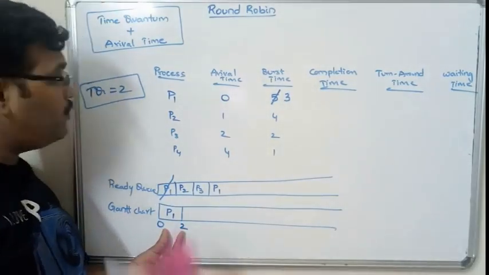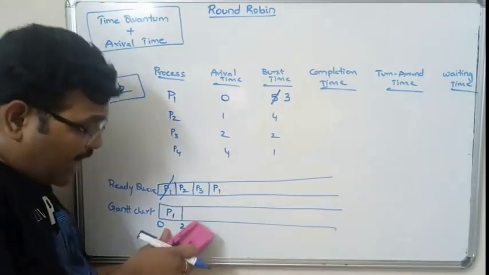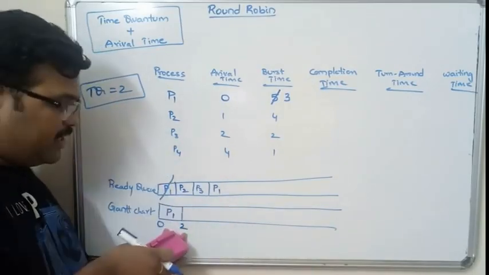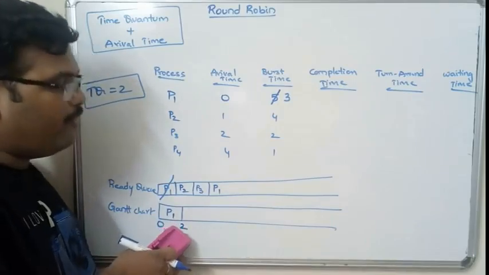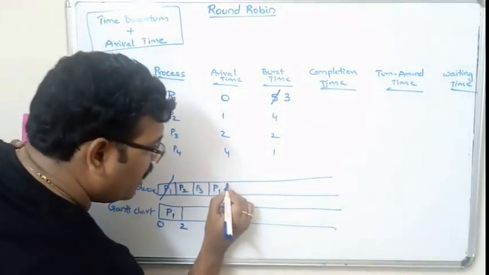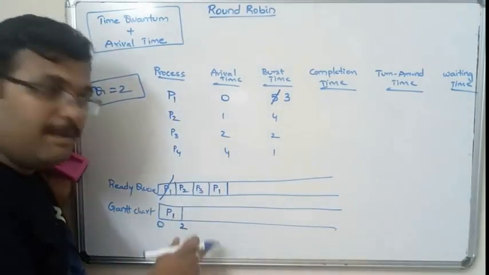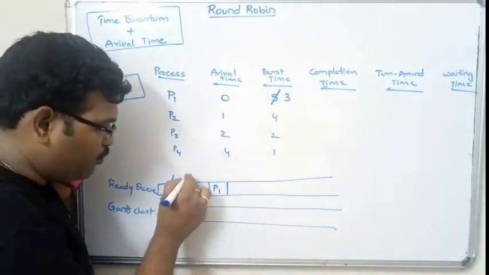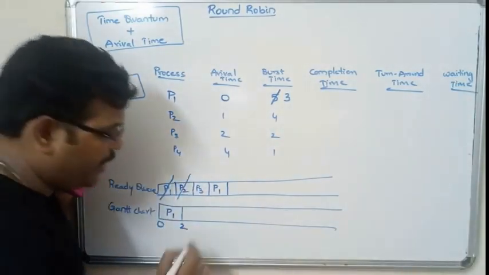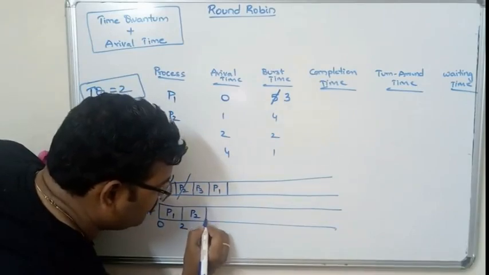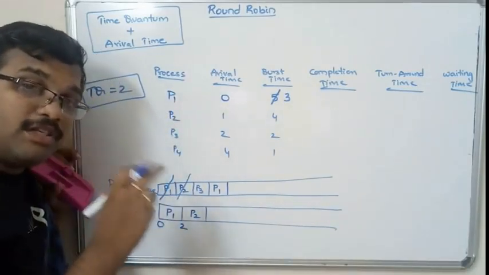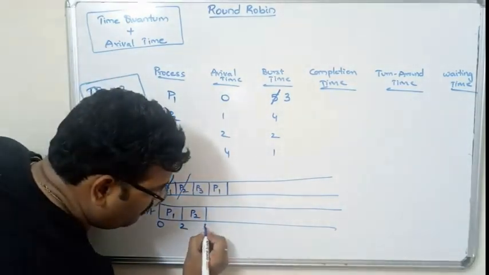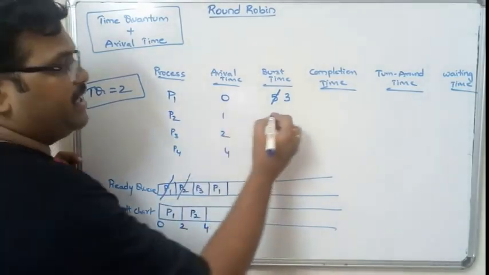After it executes for 2 milliseconds, at time 2 more processes are available in the ready queue. P1 is removed from the CPU and sent to the ready queue. Now we have to allocate the CPU according to the order of processes in the ready queue. Now P2 is removed from the ready queue and allocated to the CPU. Again, all the processes will be executed with an equal time quantum, that is only 2. So P2 will also execute only 2 milliseconds.